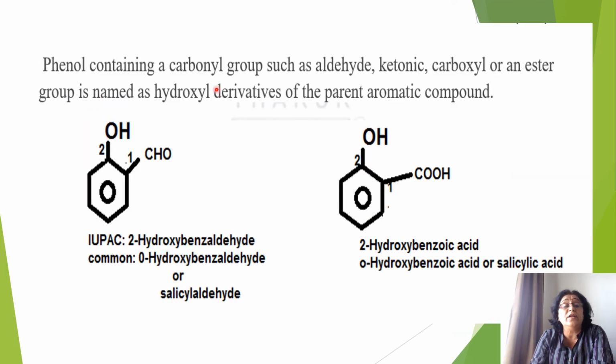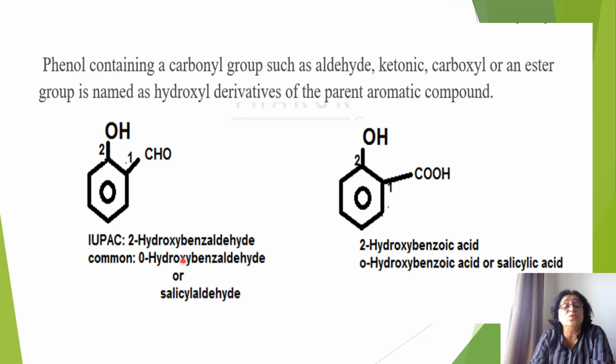Now, a phenol containing carbonyl groups such as aldehyde, ketonic, carboxyl, or an ester is named as a hydroxyl derivative of the parent aromatic compound. In that case, the carbon containing the aldehyde group or the carboxyl group is given number 1 and OH becomes the substituent.